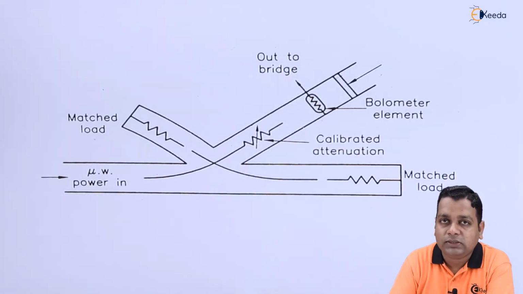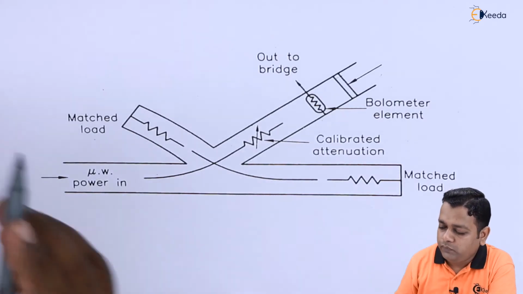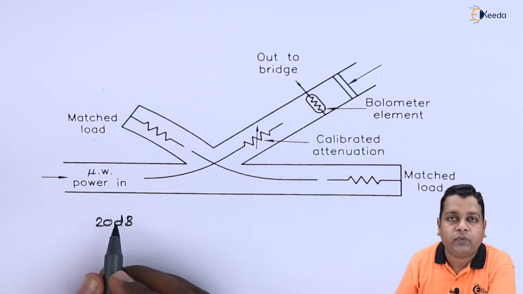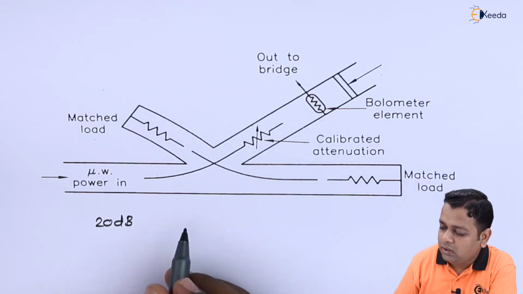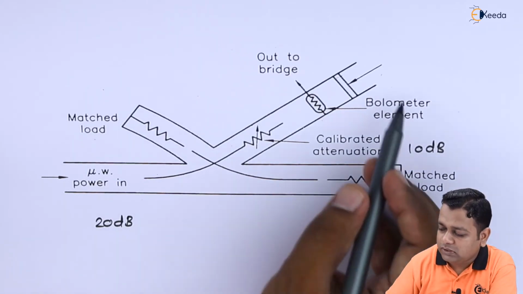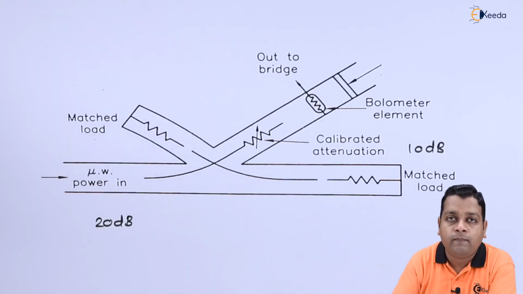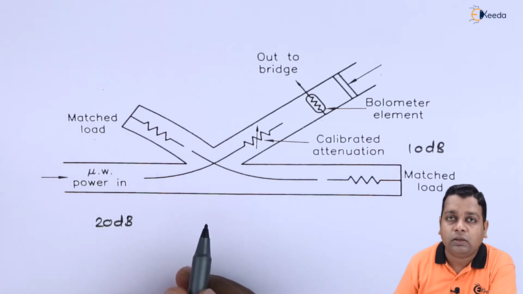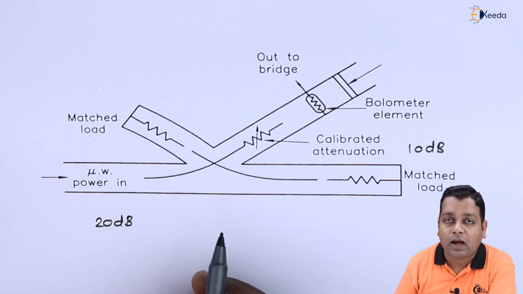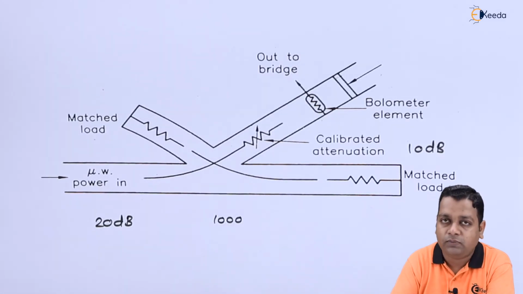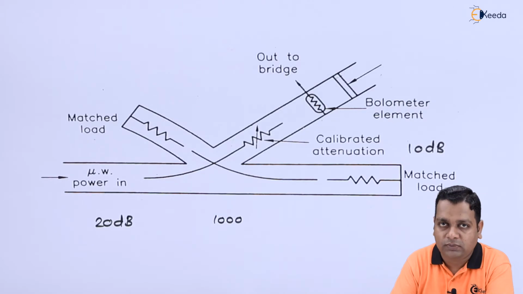With this type of power measurement, if we are using a directional coupler of 20 decibels and a calibrated attenuator of 10 decibels, the total for the bolometer technique will be 30 decibels, and 30 decibels gives us power handling capacity enhanced to 1000 times compared to the individual measurement type.